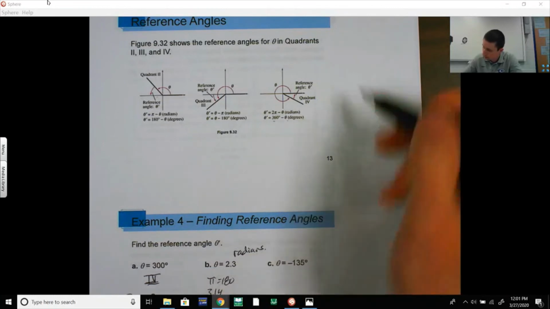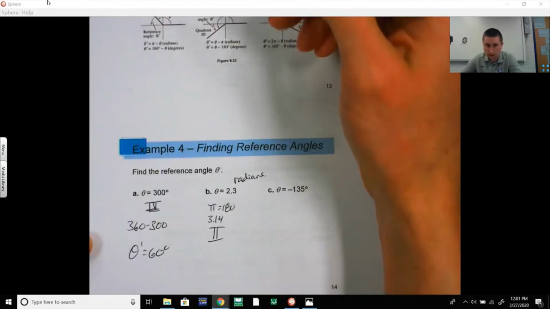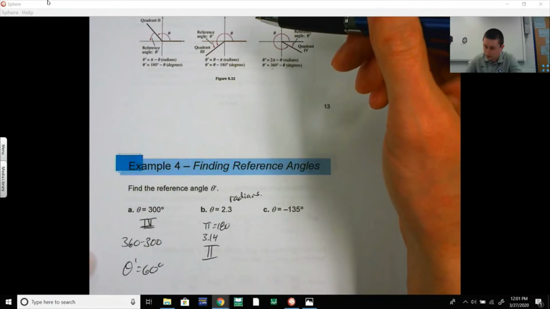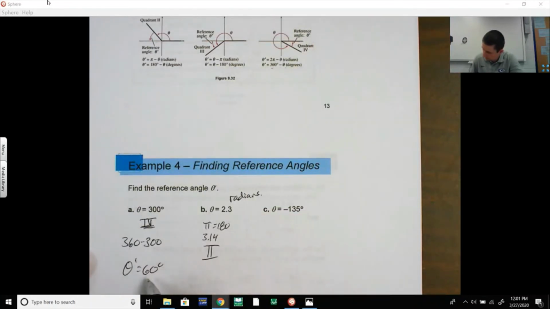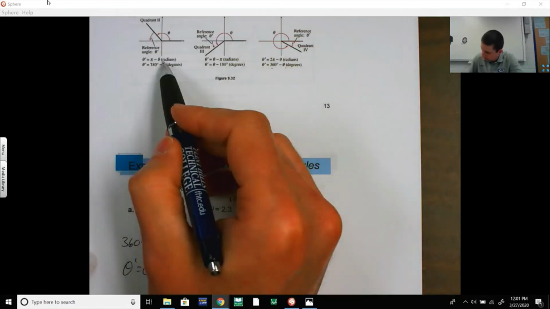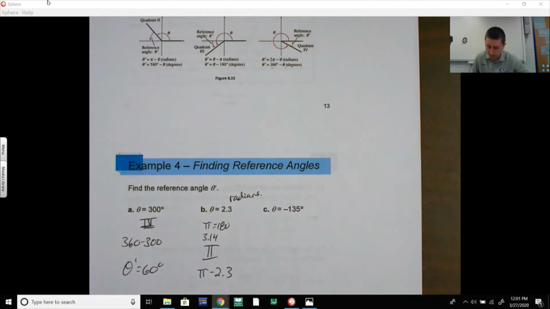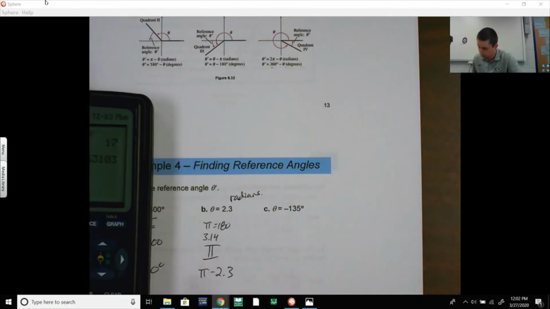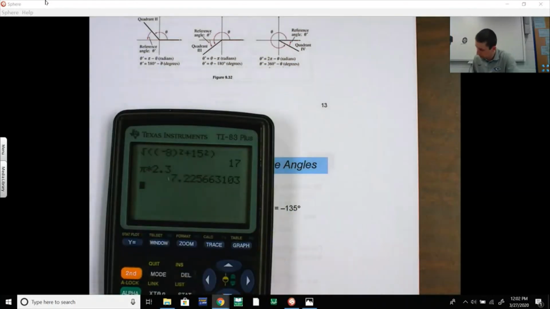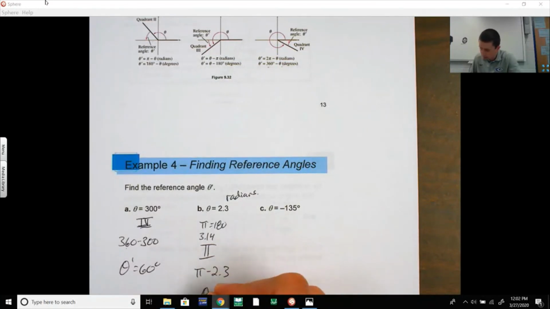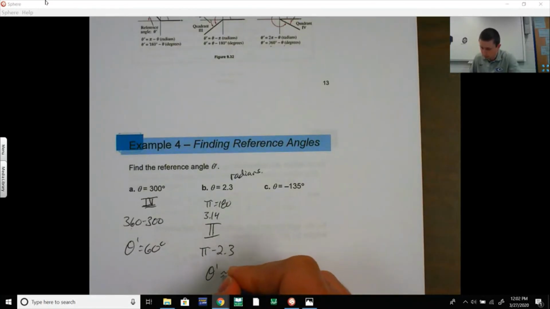So we have to take pi minus theta, so pi minus 2.3, which is 0.841. So theta prime would be approximately 0.84.